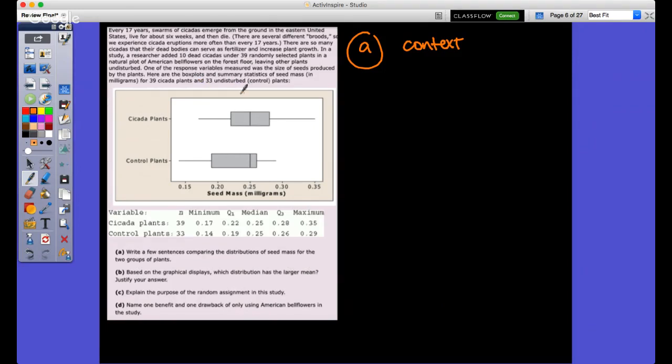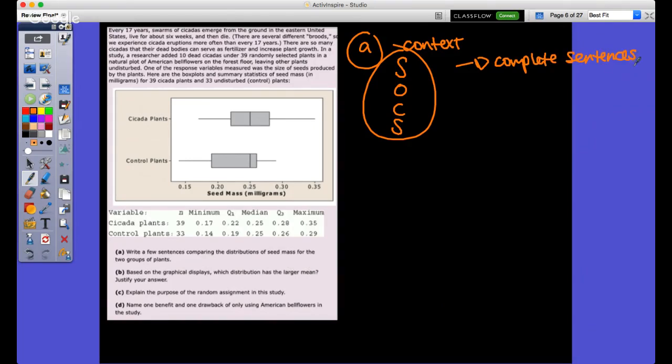Then we go straight into SOCS. Now, when I do this, I want this to be in complete sentences. I understand that right now I'm not going to write every sentence so I can get to more problems, but this is important to understand for the FRQ section: writing in complete sentences and in context. The first one, the S, talks about my shape.